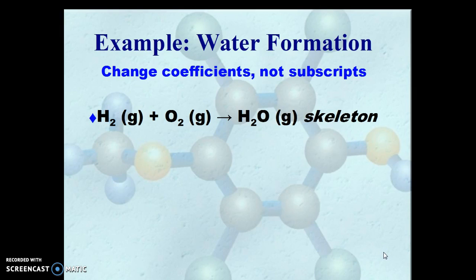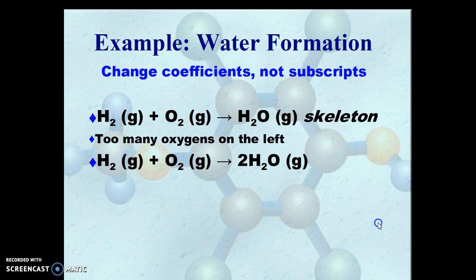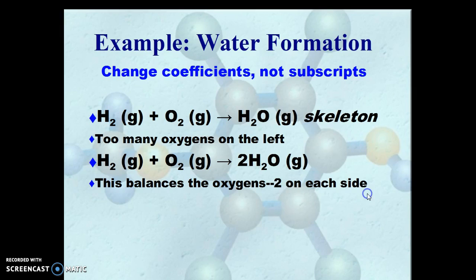Here's our skeleton reaction, as we saw on the previous slide. There are too many oxygens on the left. Therefore, we increase the number of oxygens on the right. What we're always looking for is the not enough. There's not enough oxygens on the right, so we change the coefficient on the right.